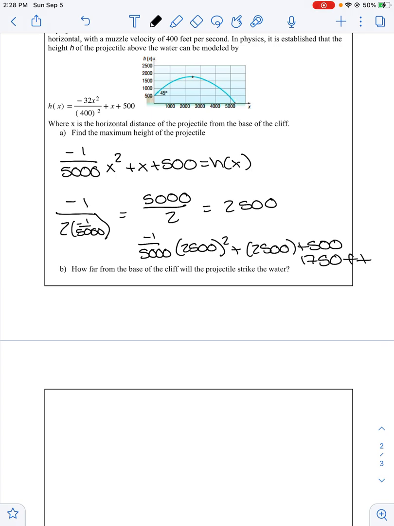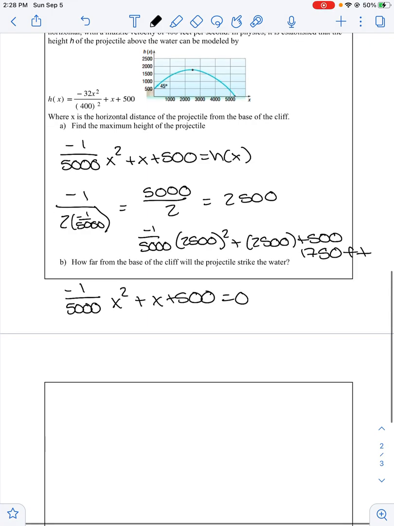How far from the base of the cliff will the projectile strike the water? So if we look at our graph here, when we strike the water, that's at that x-intercept. So to find our x-intercept, we set the equation equal to 0. And then we are going to use our quadratic formula to solve.